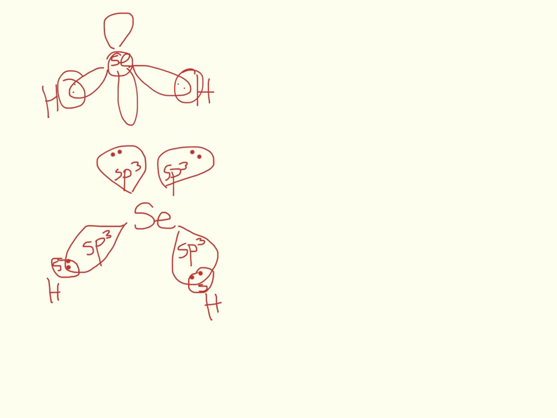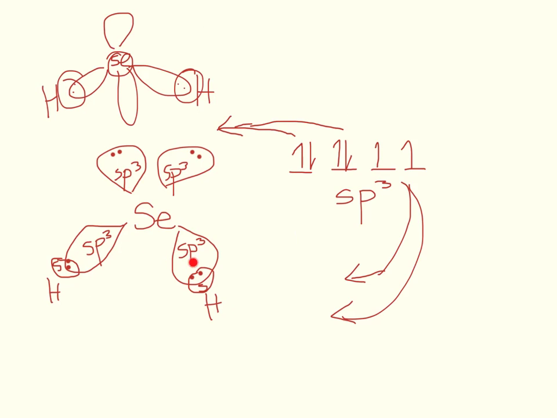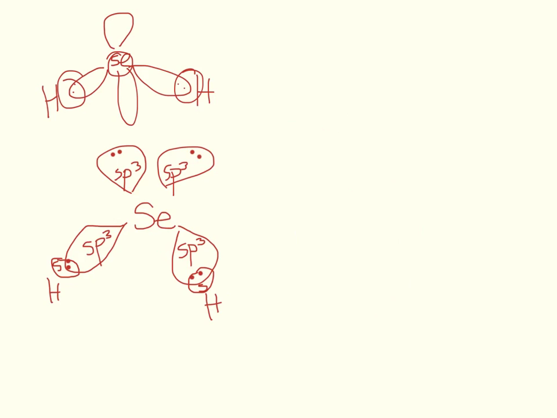Now we can see that selenium has its lone pairs and an sp3 orbital at the top, and then it has 2 sp3 orbitals filled up by 2 hydrogen atoms. So in terms of the electron geometry for selenium, it would be tetrahedral, as we can see on top.